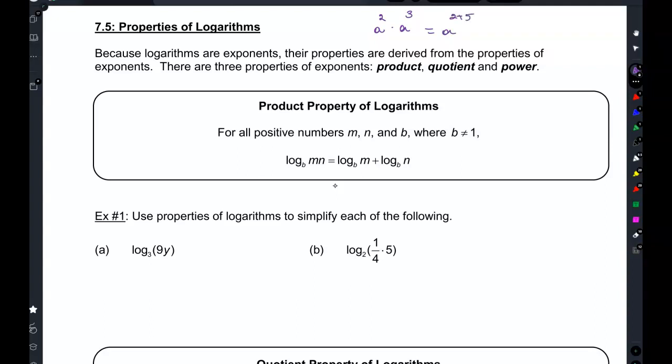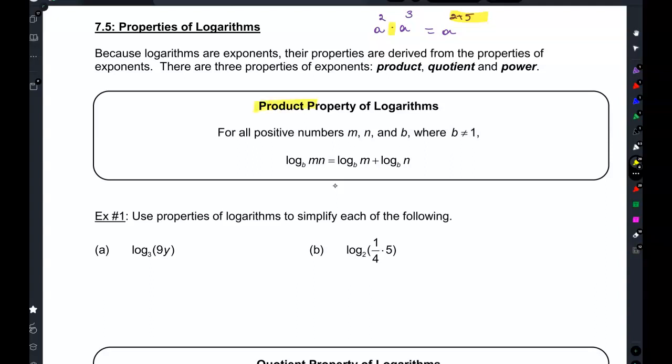So I add them. So you already are used to the fact that when you're multiplying powers, the exponents will add, and if you're dividing powers, then the exponents will subtract, right? We already know this connection between multiplying and adding exponents.